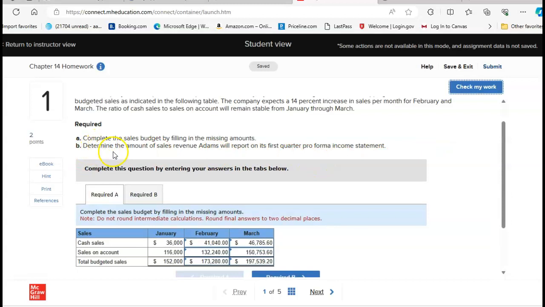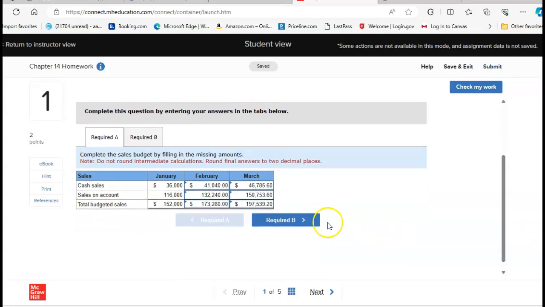B said determine the amount of sales revenue on the first quarter pro forma income statement. So the amount of sales revenue would be the total budget sales combined for all 3 months. It'd be the 152,000 for January plus the 173,280 for February plus the 197,539.20 for the month of March.